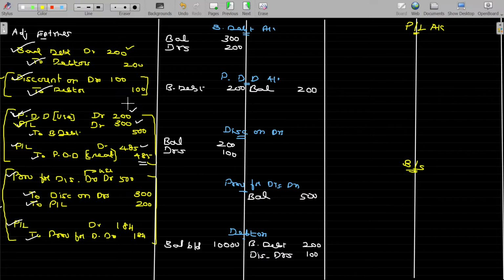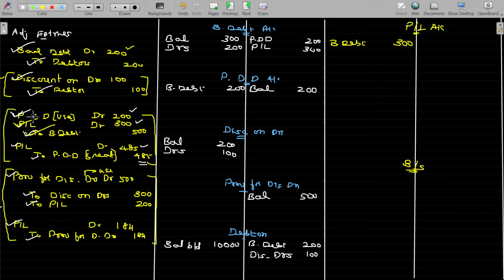In P&L account, to bad debt, the value being 300. In bad debt, by PDD, the value being 200 rupees. P&L account 300 rupees. In bad debt, we have two items.